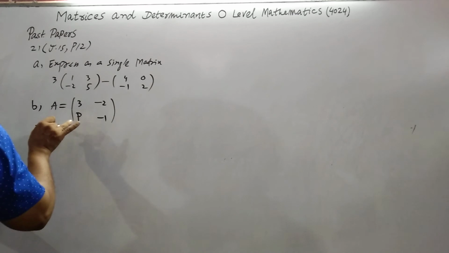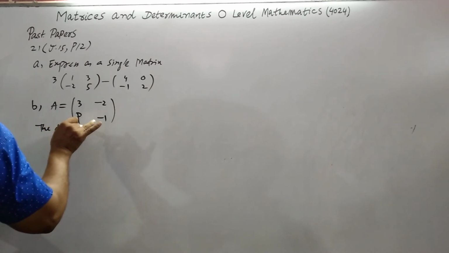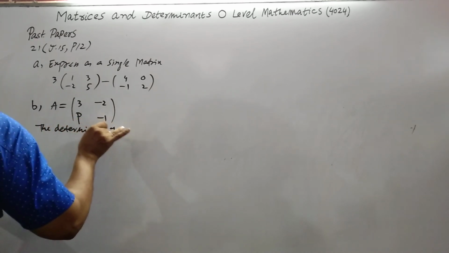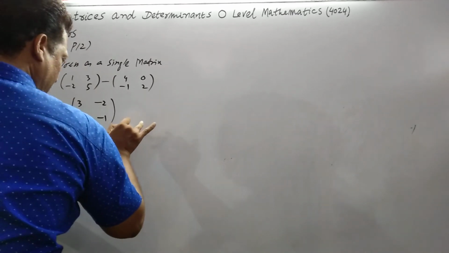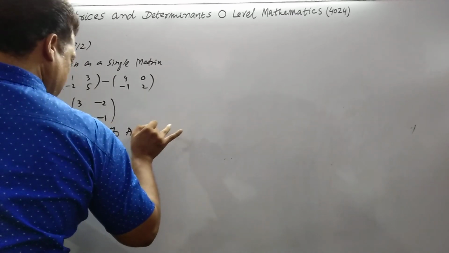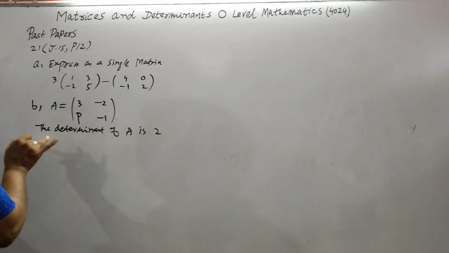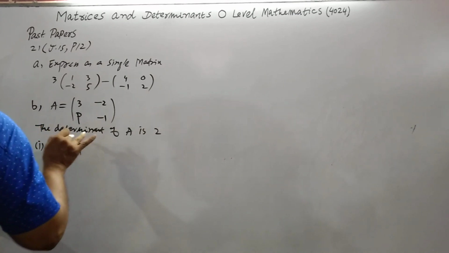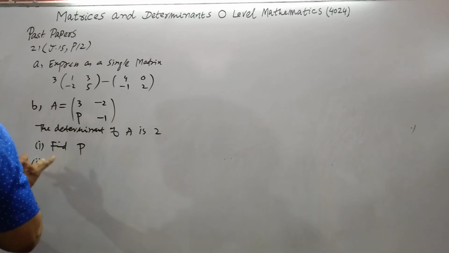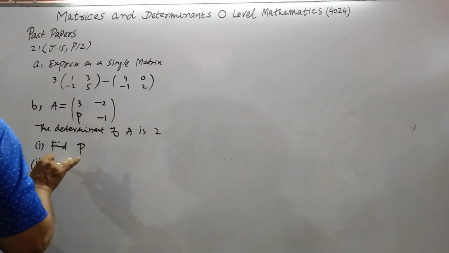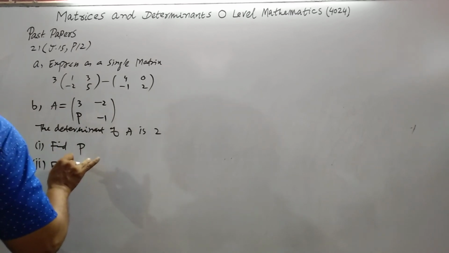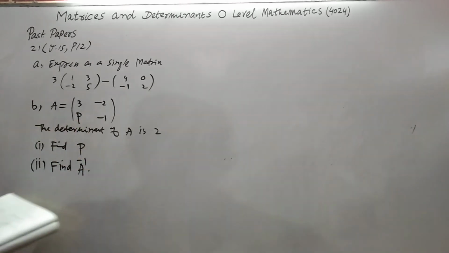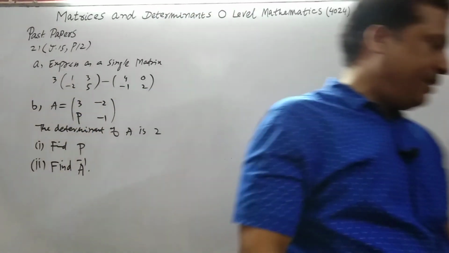Given that the determinant of A is 2. Part 1, find P. Part 2, find A inverse. Very easy question.